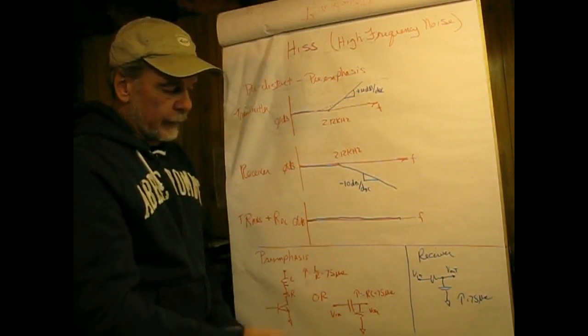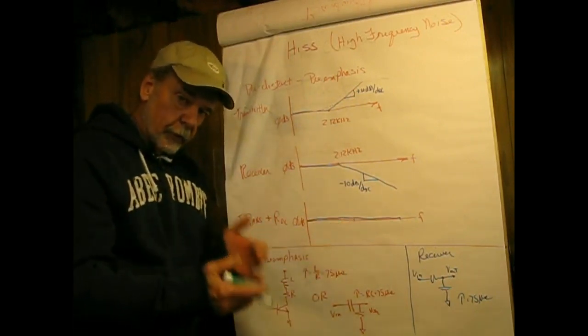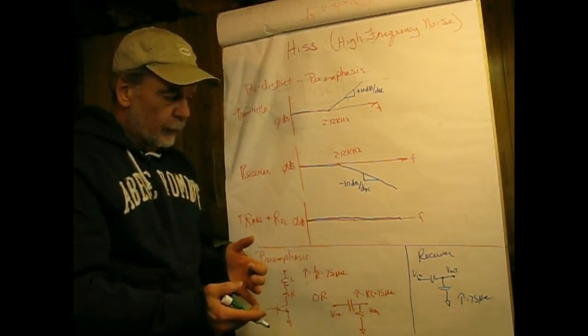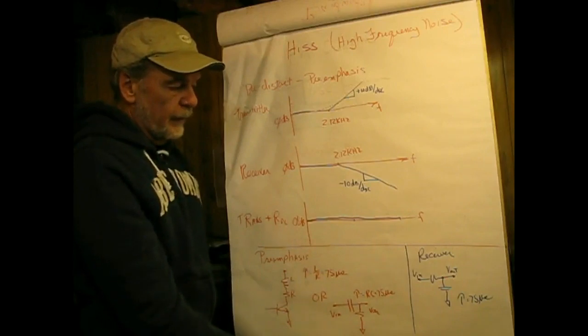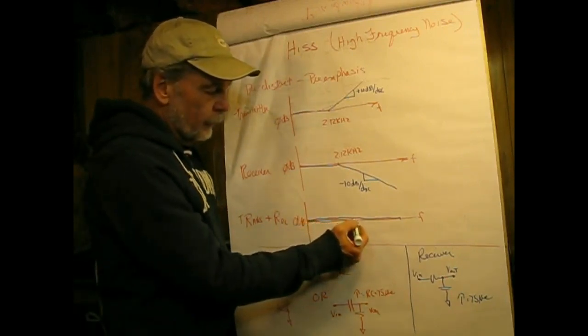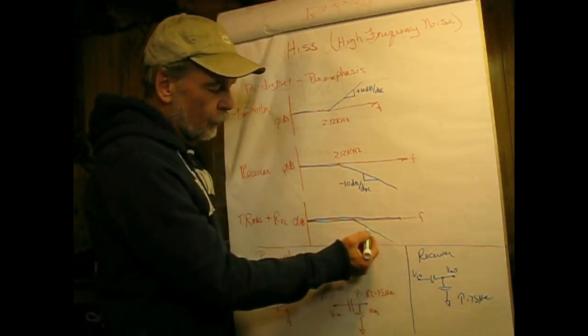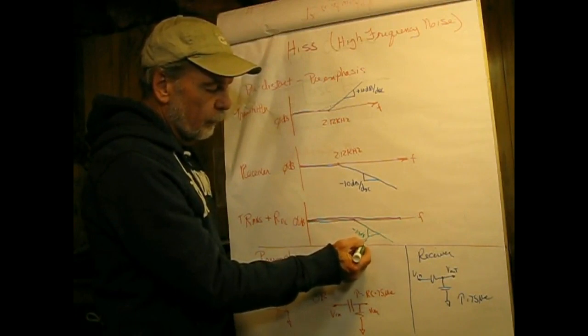If we look at the overall transmitter-to-receiver frequency response, we'd find that these offsetting responses produce a flat response, but the response to noise, hiss, would look like this. And this would be a negative 10 dB per decade roll-off.